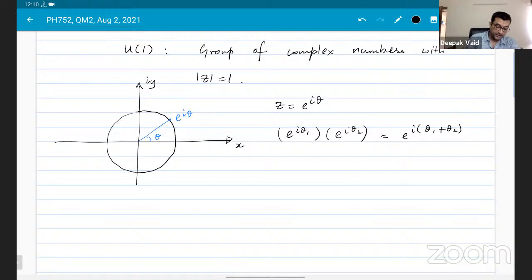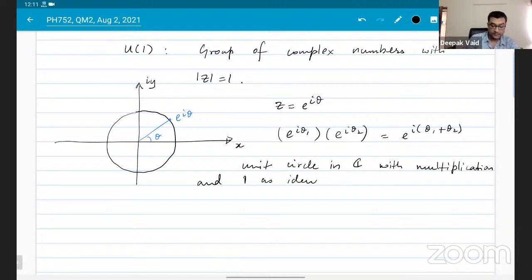So if I take the unit circle in the complex plane, which is written as this math bold C, with multiplication and the number 1 as the identity, then this becomes a group, right?